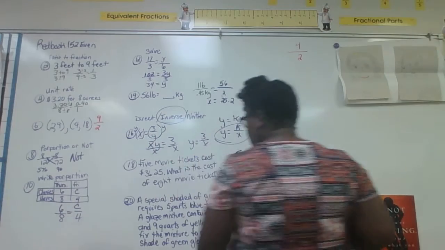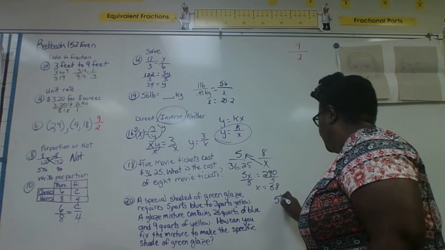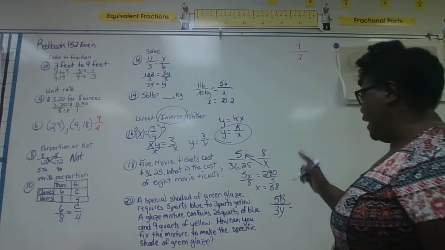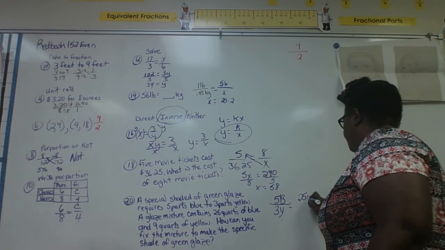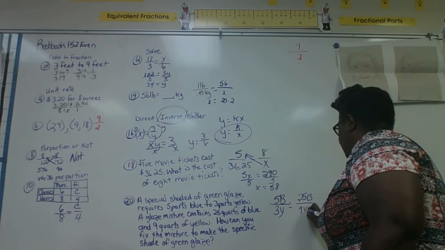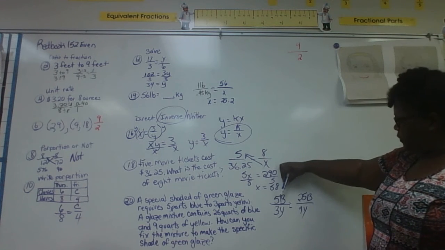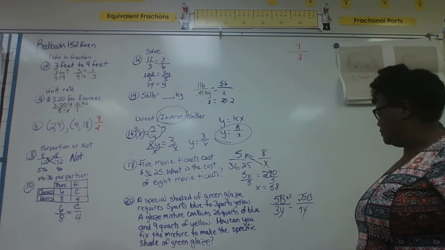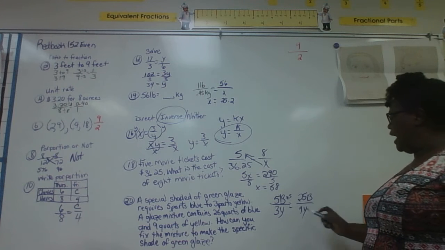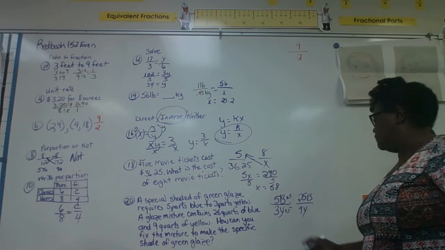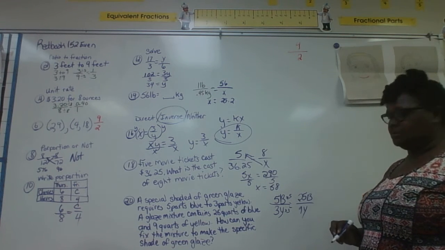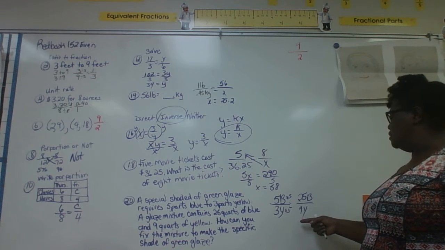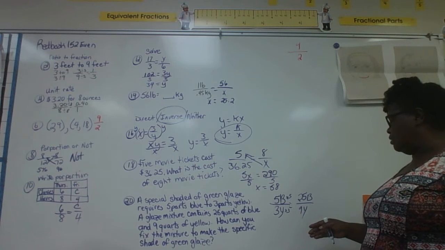The mixture calls for 5 blue and 3 yellow, but we have 25 blue and 9 yellow. Okay? To go from 5 blue to 25 blue, we multiply by 5. To go from 3 yellow to 9 yellow, we multiply by 3. That is not balanced, okay? So we need to convert one of these so that we can have a balance, all right?